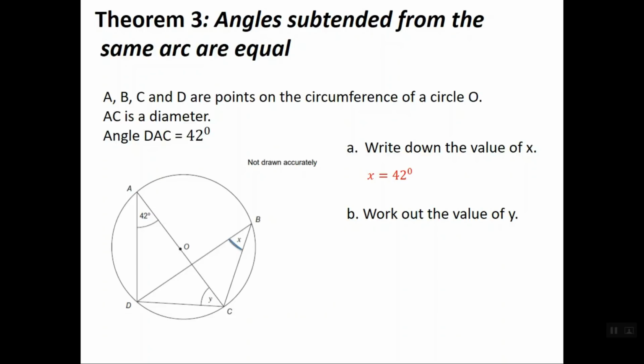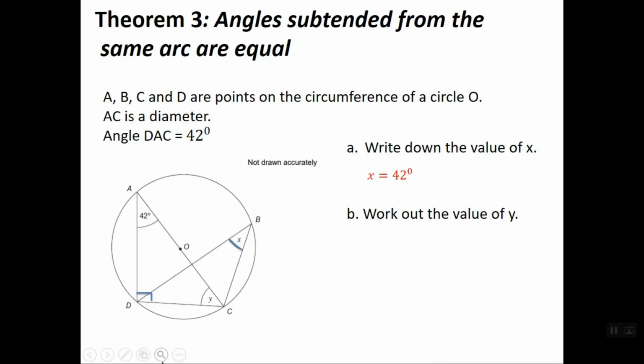Now I'm trying to find y, which therefore means I'm using that theorem that speaks about the angle in a semicircle being 90 degrees. So that angle there would have been 90 degrees. Again, the sum of the interior angles in a triangle is 180 degrees. So I know that this angle is 90, and I also know that this angle is 42 degrees.